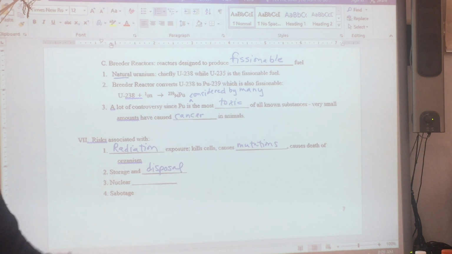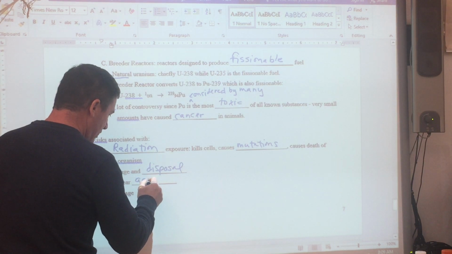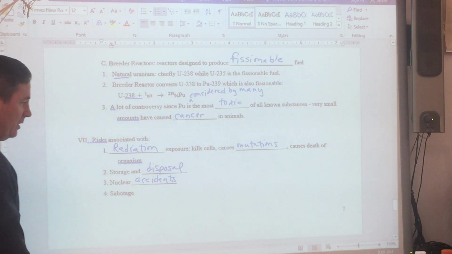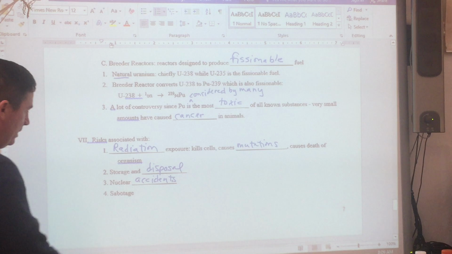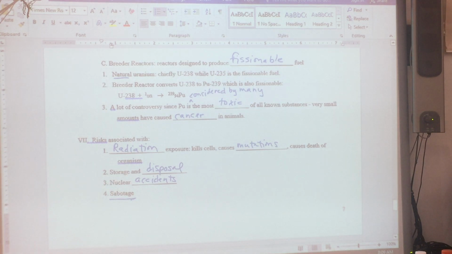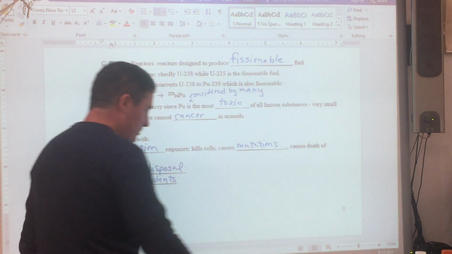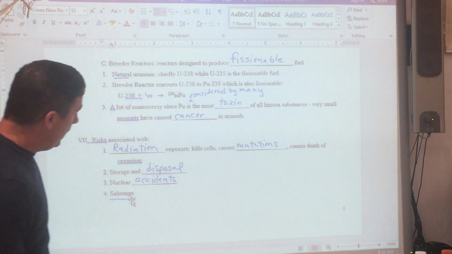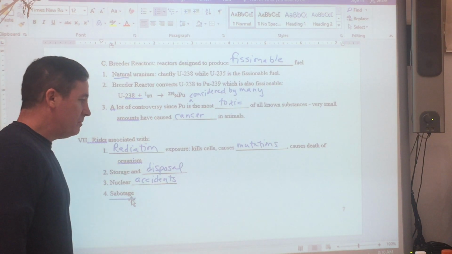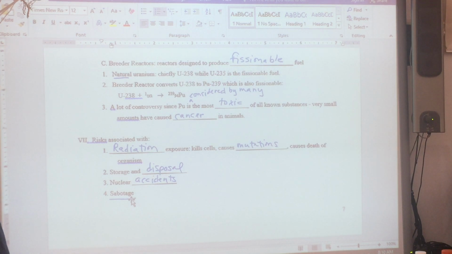And of course, as we said before, there are nuclear accidents, three big ones, and we've learned from each one of them. And God forbid, something happens where it gets sabotaged. Some rogue nation might find a way to melt down one of the nuclear reactors that we have and cause some problems.